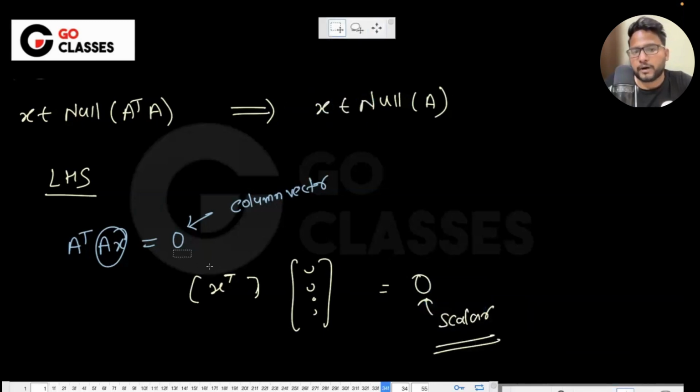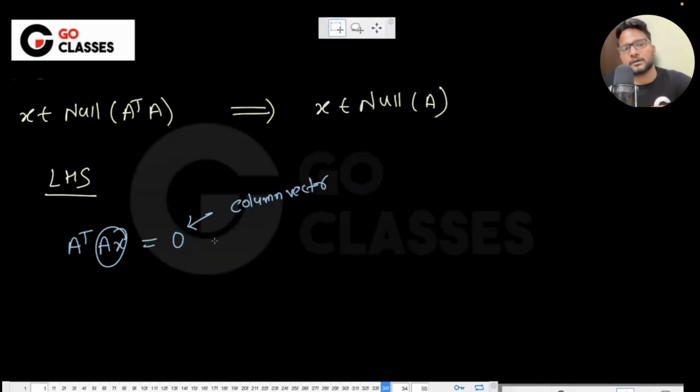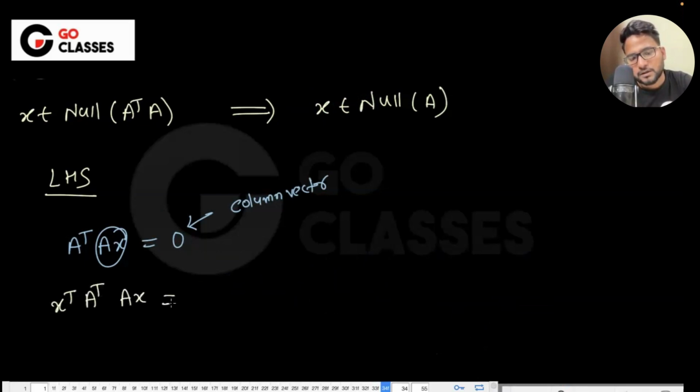So anyway, let's just multiply this by x transpose on both sides. X transpose A transpose Ax equal to 0. Here this 0 is a scalar. Understood? This is nothing but (Ax) transpose Ax equal to 0.